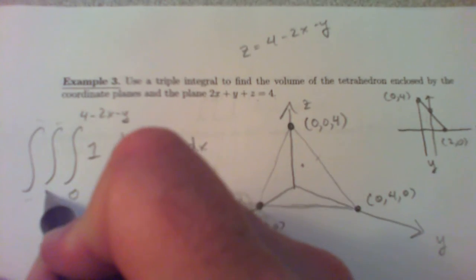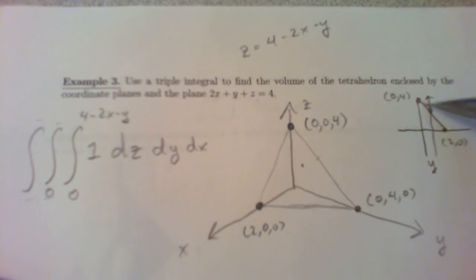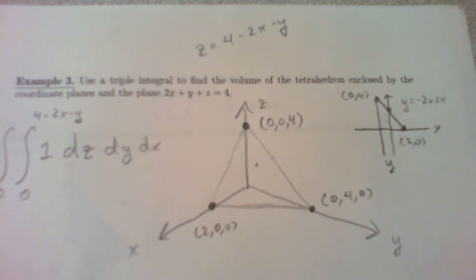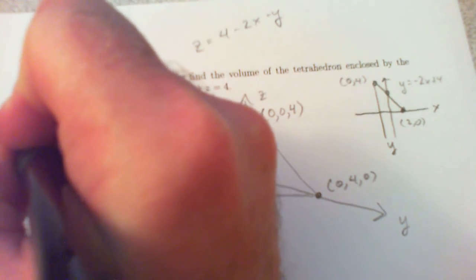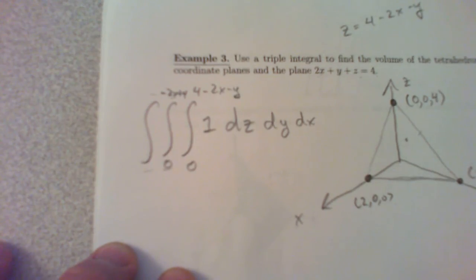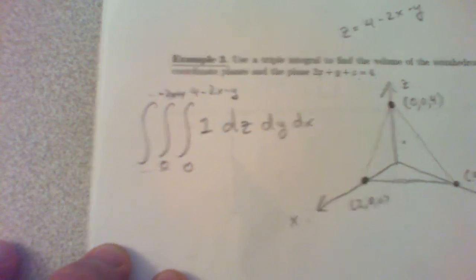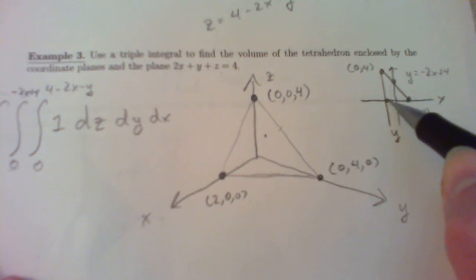That line you can figure out from college algebra. It has slope -2, so that line is represented by -2x plus its intercept, which is 4. So you enter at 0 and exit on that line, -2x plus 4. That's what y goes in between. And from this picture, you can see x roams from 0 out to 2.